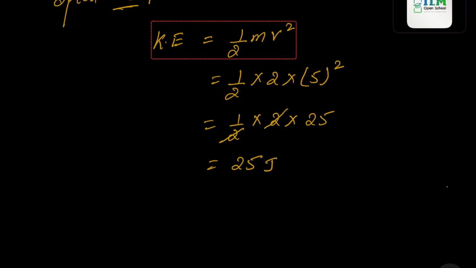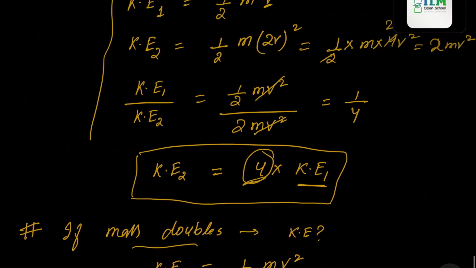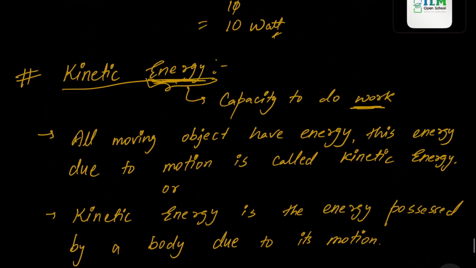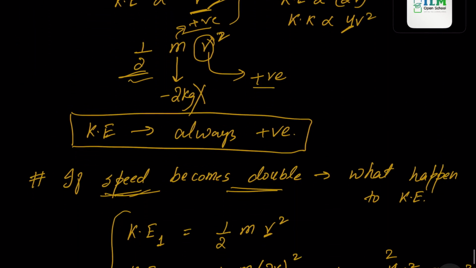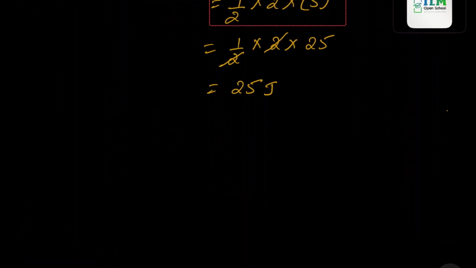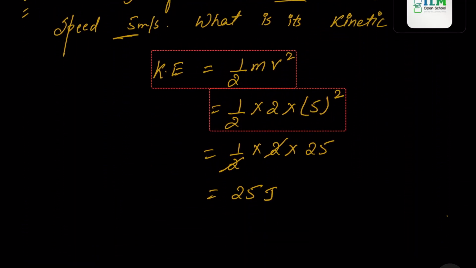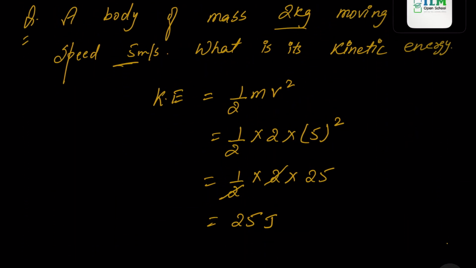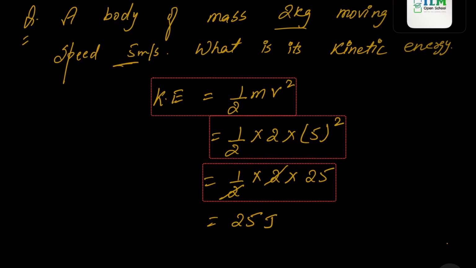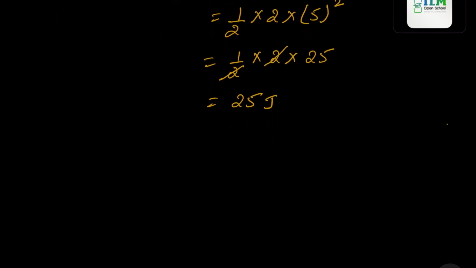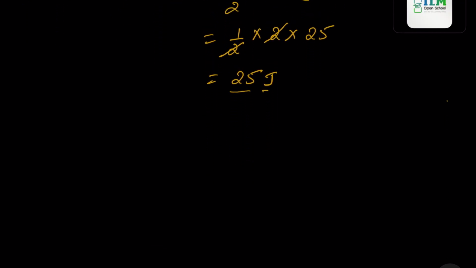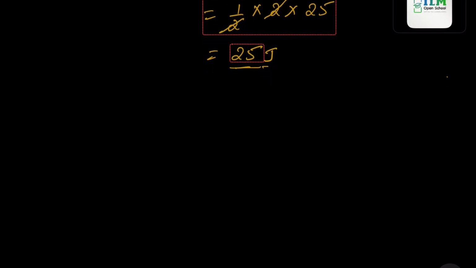And what will be the unit? Joule. I have said earlier that energy is the capacity to do work, which means the unit will be the same. If you have any doubt about how it is the same, you can put the unit of mass and velocity square, and you can find out how it is the same. So its unit is joule and this comes as the kinetic energy, 25 joule.